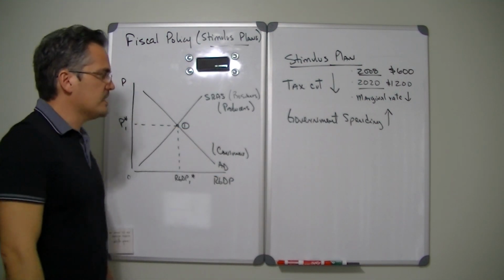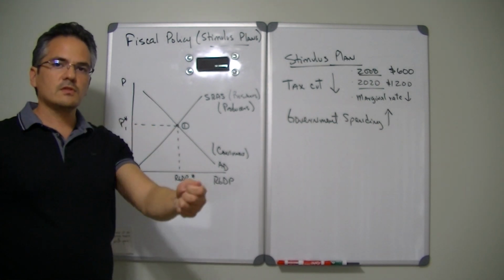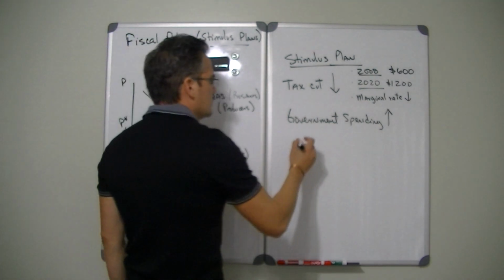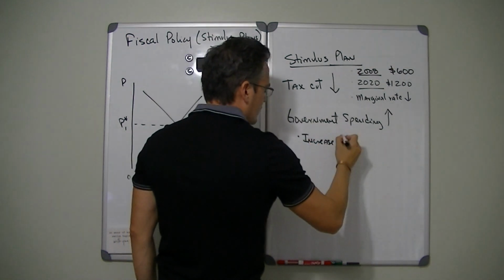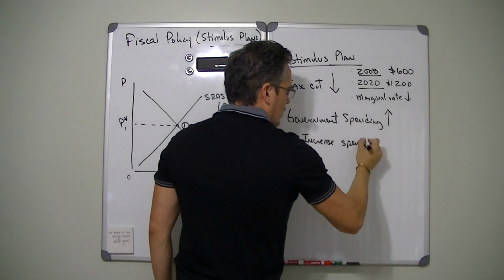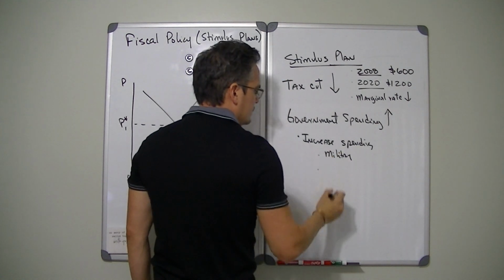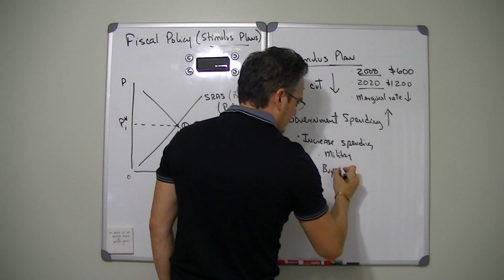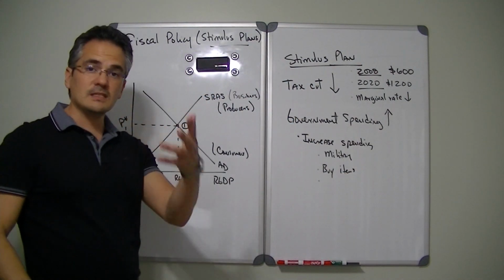Now, an increase in government spending is basically when the government comes in and decides to spend money on something. So when the government decides to increase, for example, spending on the military, or when the government decides to buy something for the government, or you can even think about the census in 2020.